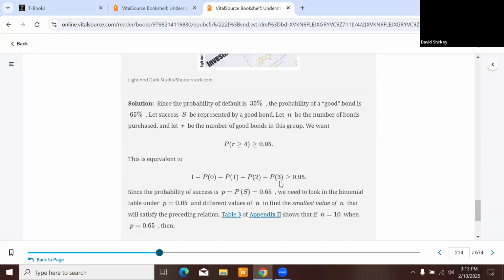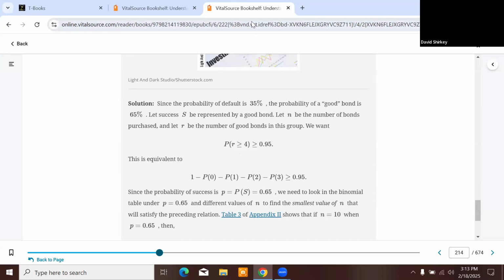In other words, 1 minus the probability of R greater than or equal to 4 is the same as 1 minus the probability that it's less than or equal to 3. And so we're looking at the probability that it's either 0 or 1 or 2 or 3.